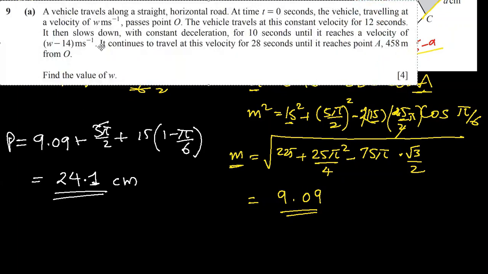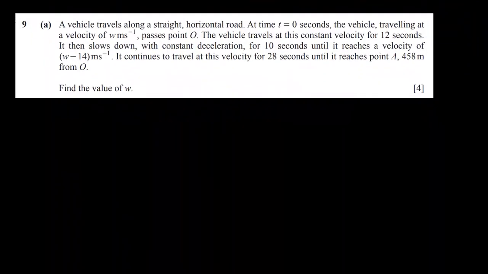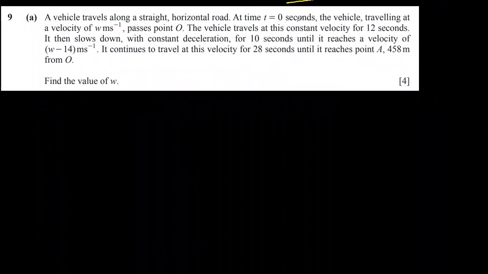Now let's go to the next one. A vehicle travels along a straight line on a horizontal road. At time t equal to 0, the vehicle is traveling at a velocity w meters per second.